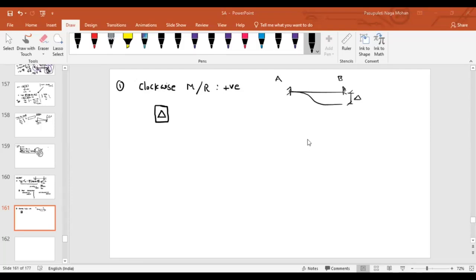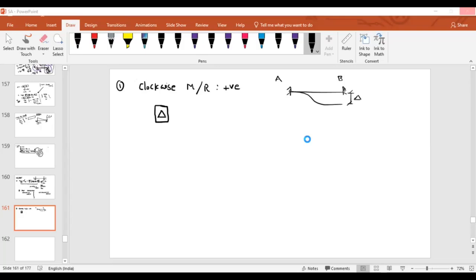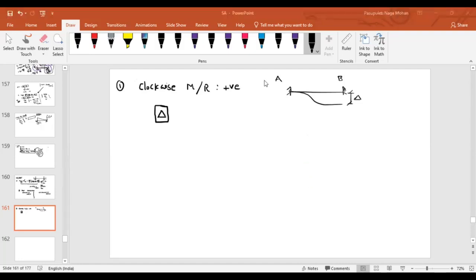If the end B is sunk by an amount delta, what are the fixed end moments that will develop here? Have you noted down the fixed end moments or not? If you haven't noted it down, then I will write it down here. No issue. There it is: minus 6EI delta by L square.